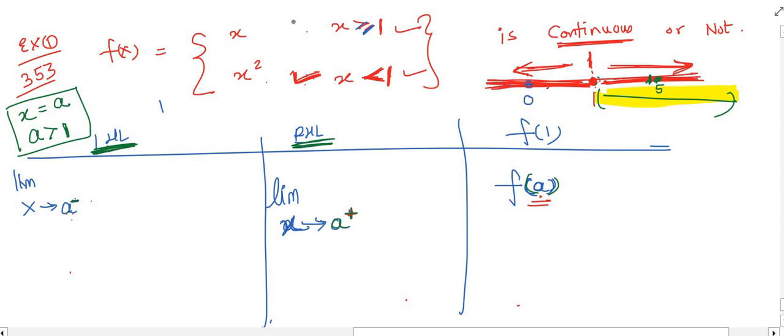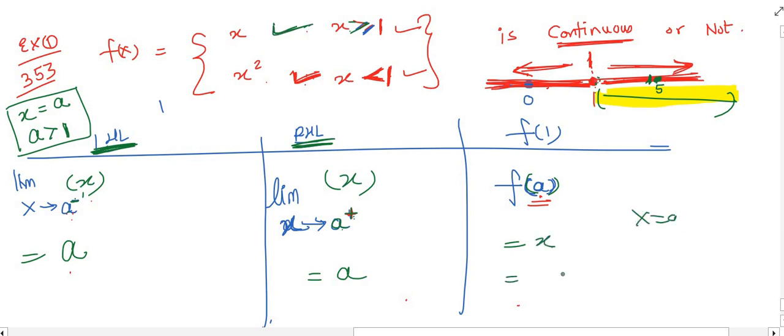Correct? So which one should I take in the definition? This one, more than 1, which is x. So now put the value, it is a only. Here 5 plus, you see 5 plus, which is still more than 1. So I will take again this more than 1 equation. This is x, so it is again a. And f of a, where a is a number more than 1, I will use this only, x.